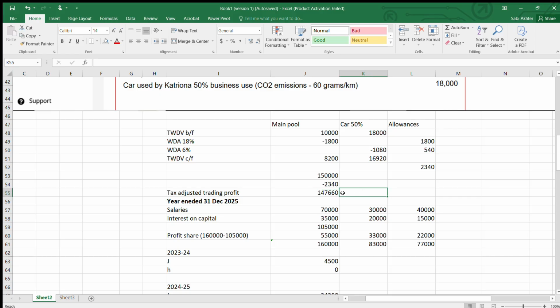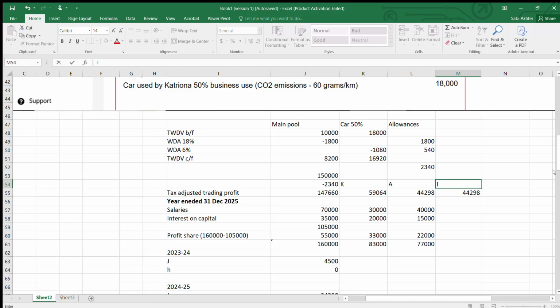If you take 40% of this, 59,040, this is for K. Then if you take 30% of this, it is 44,298. It's the same for the other, so copy and paste the value. This is for K, this is for A, and this is for I. This is the allocation of profit.